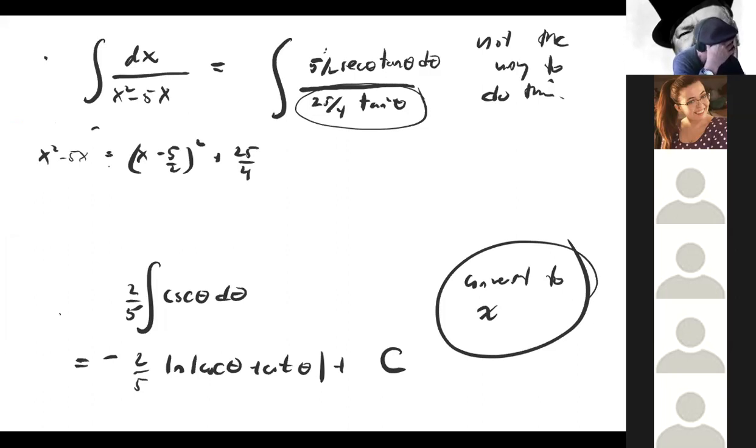So if you think of x minus 5 halves as playing the role of x, then it would be x minus 5 halves equals a, which is the square root of 5 halves, tangent theta. That was the original substitution I should have made, right? That's the substitution. Now, when I do that and I compute x squared minus 5x in terms of theta, that means I have to stick in, that's the same thing as x minus 5 halves, quantity squared plus 25 quarters.